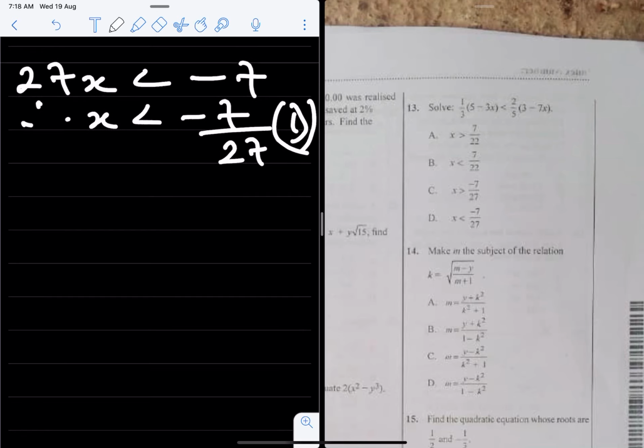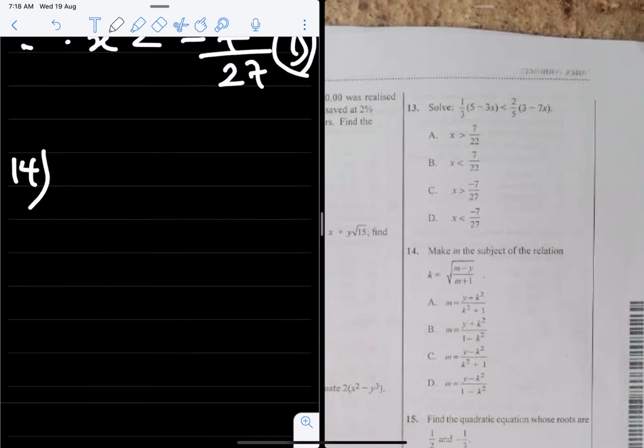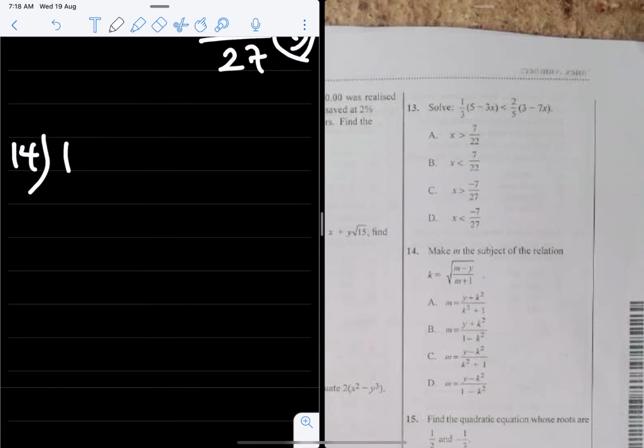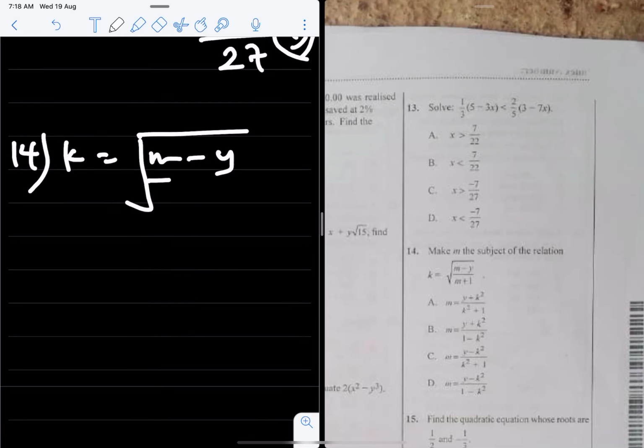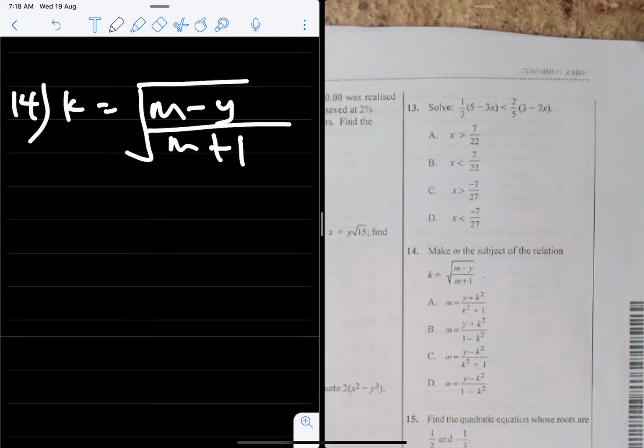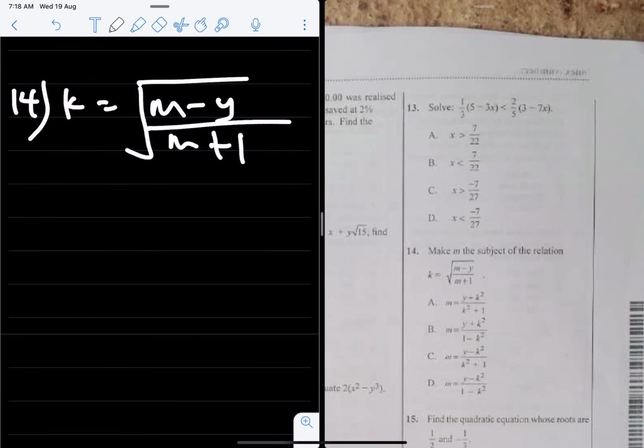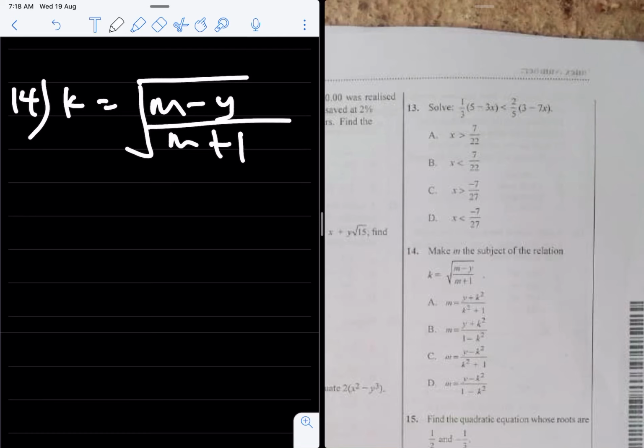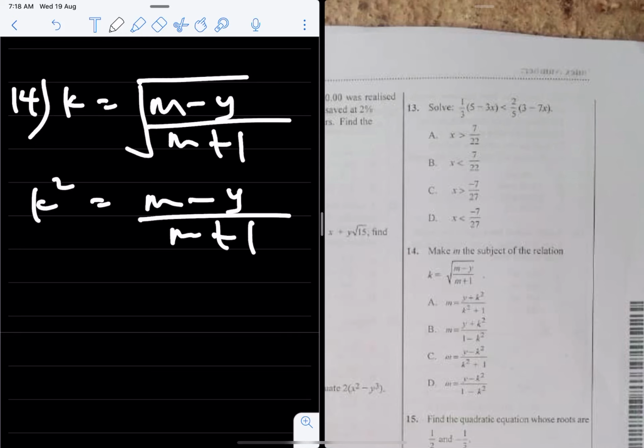Now to the next, number 14 quickly. Make m the subject of k equals square root of m minus y over m plus 1. The first thing to do is to square both sides, and that will mean k squared equals m minus y over m plus 1.